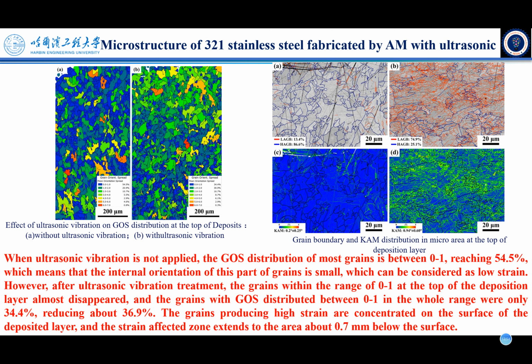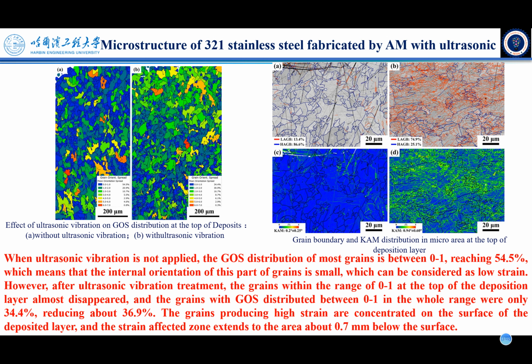When ultrasonic vibration is not applied, the GOS distribution of most grains is between 0 and 1, reaching 44.5%, which means that the internal orientation difference of this part of grains is small, which can be considered as low strain.